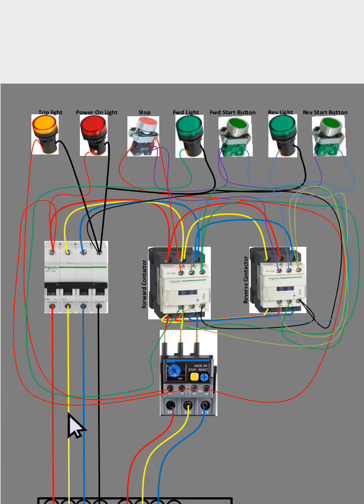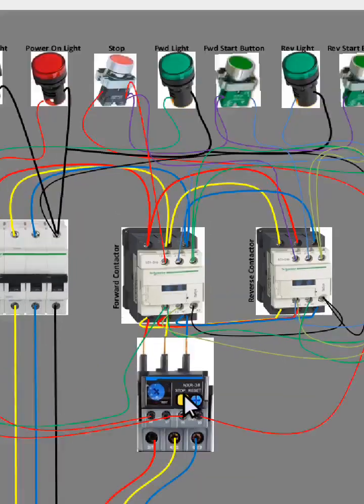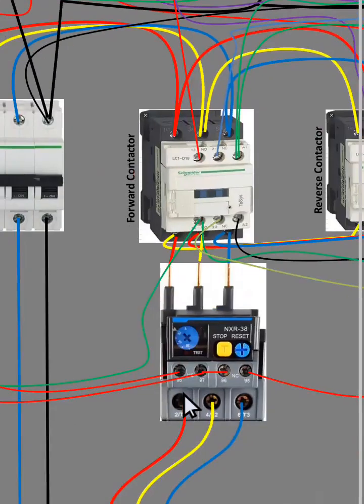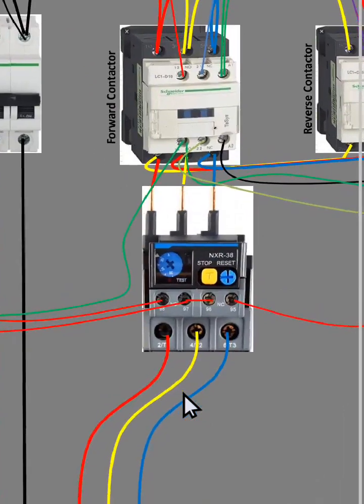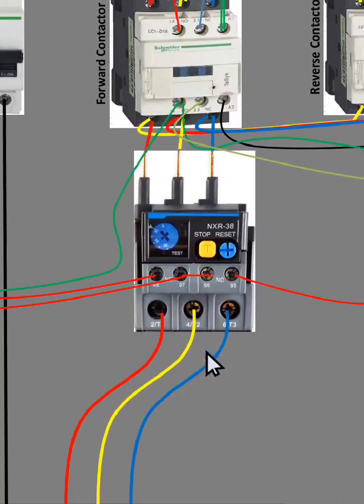That's the power to our control section. See, it goes to our overload. You can see this is the normally closed contact of our overload. So this side has to remain closed if the overload is working, and it becomes open if it is tripped.